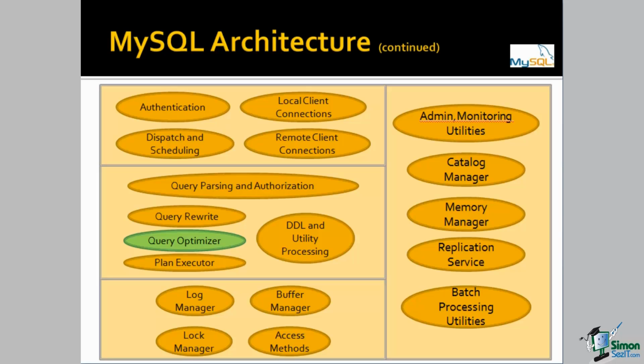How can I use the statistical information within the database to determine the best, fastest path to the data that I need? That's the function of the query optimizer. And every database system, whether MySQL, SQL Server, Postgres, Oracle, and DB2, and so on, this is where the rubber meets the road in the query optimizer.